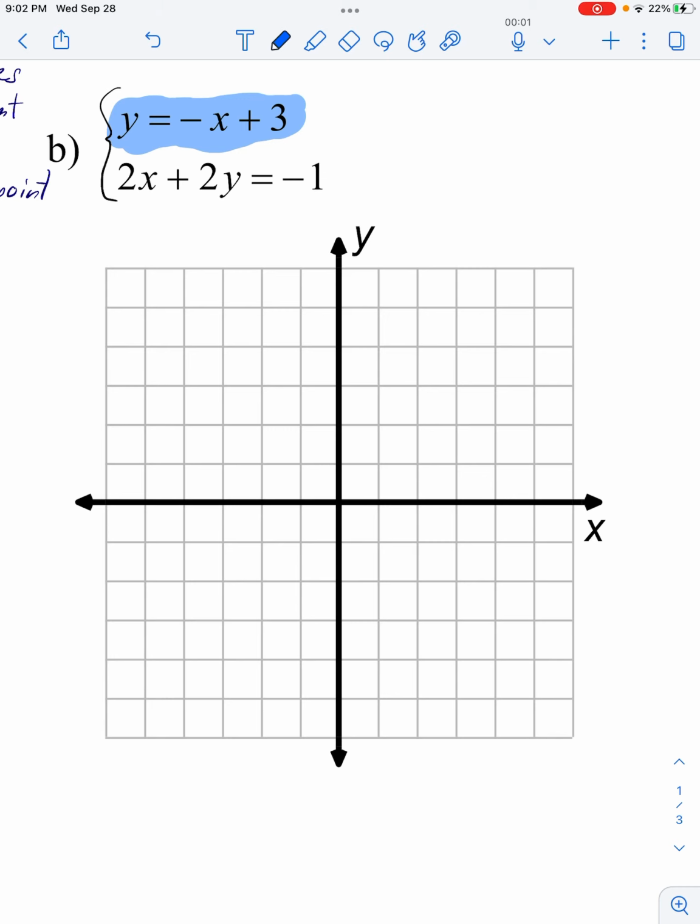The y-intercept is 0, 3. Slope is -1, so that's down 1 to the right 1. Boom. Okay. So that's the blue line.